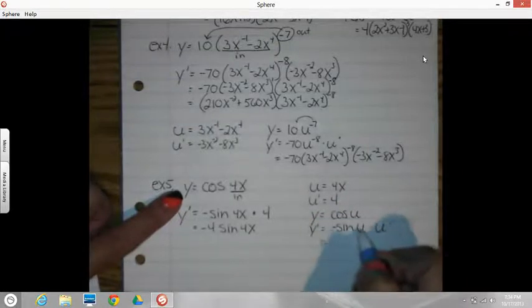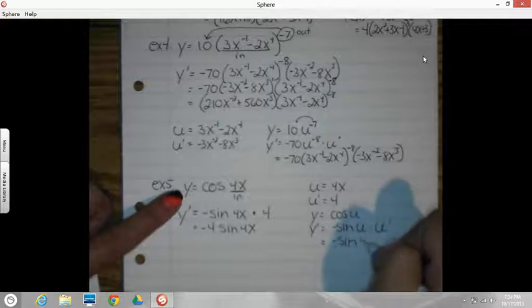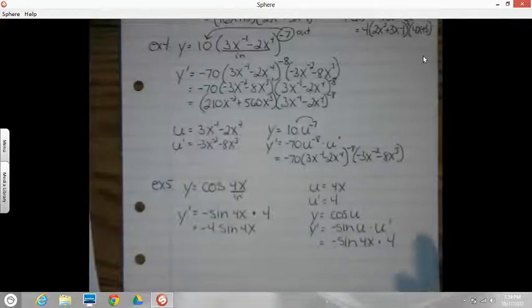Resubstitute what u equals. U is 4x. U prime is the 4. Bring the 4 to the front. Again, lots of practice with this. It'll get confusing for you.